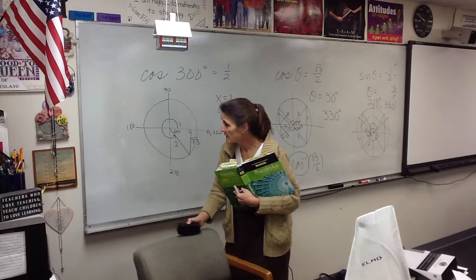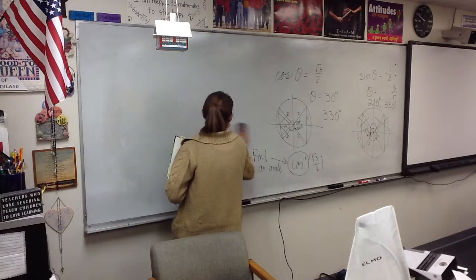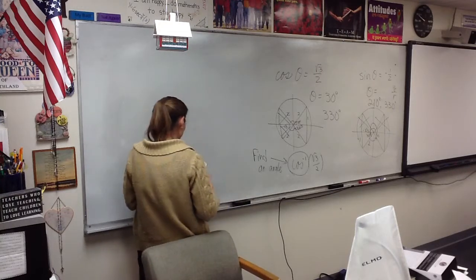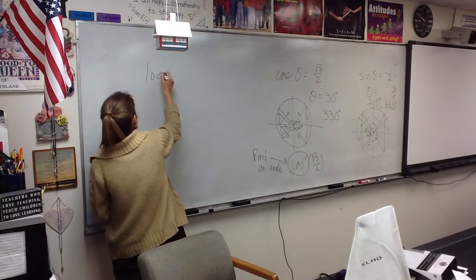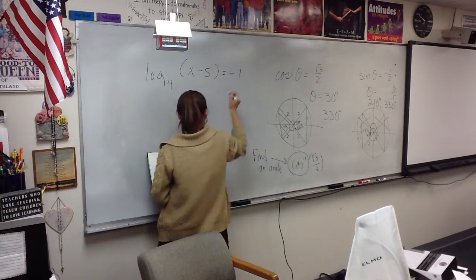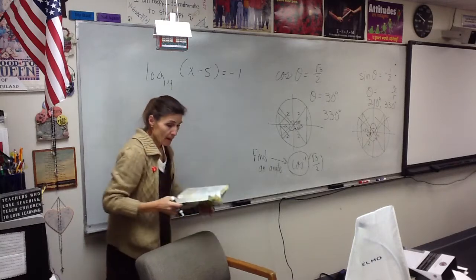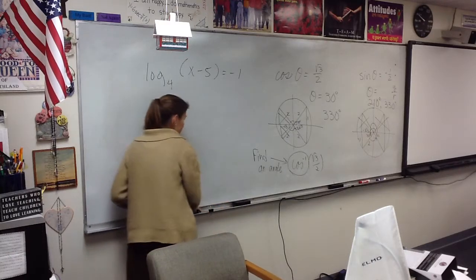We are looking at section 3.5, problem number 9, which is a logarithmic equation. We solved some of these yesterday. How do we solve this? What do we have to do first?